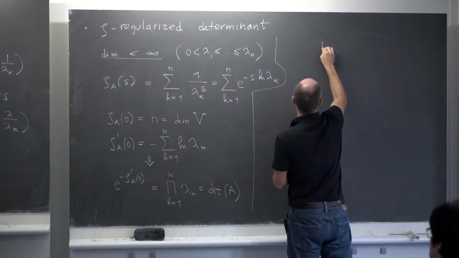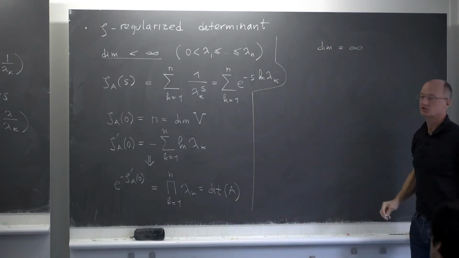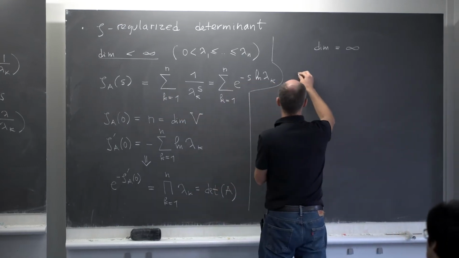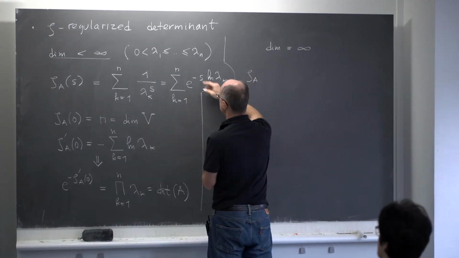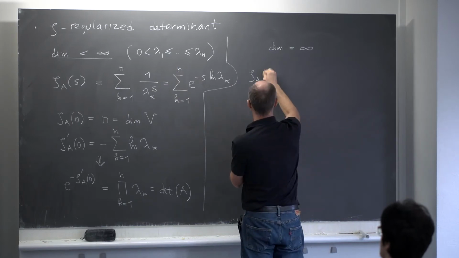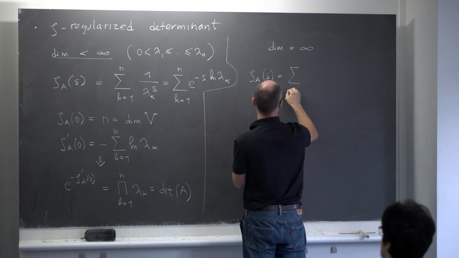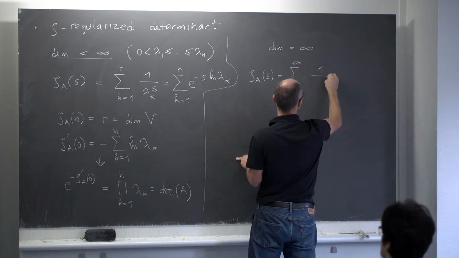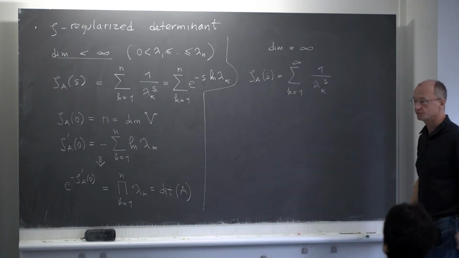So now let's look at the infinite dimensional situation. So there we can also look at a similar definition. Let's again assume for a moment that all the eigenvalues are positive. So now we're getting an infinite series.